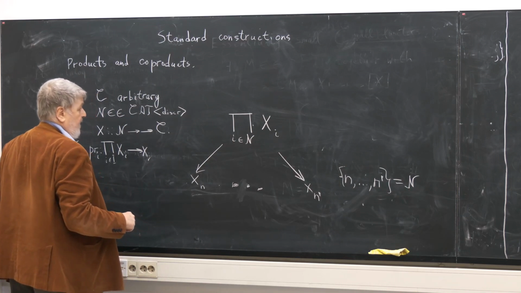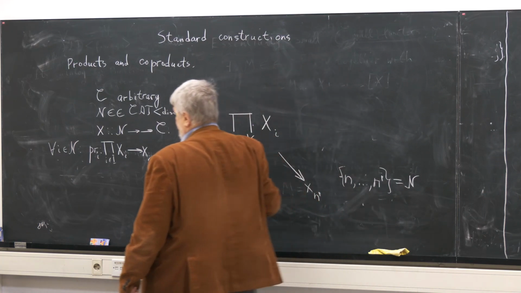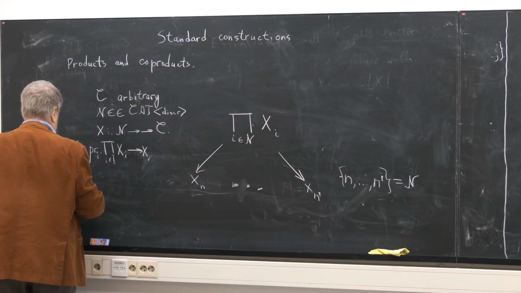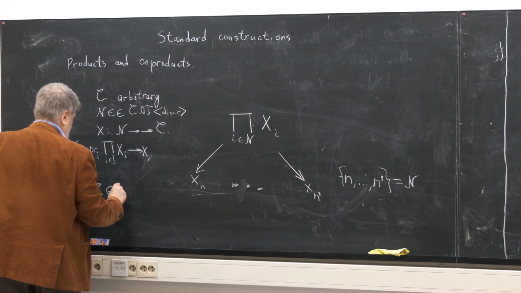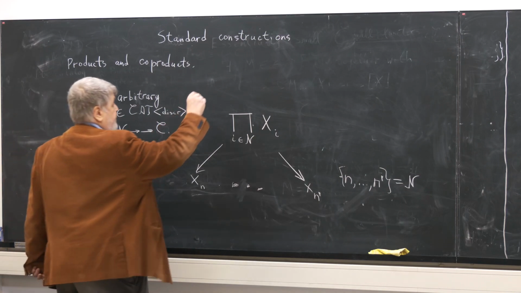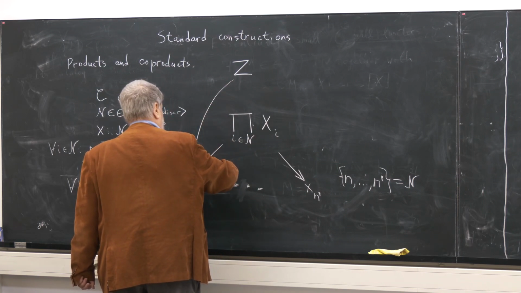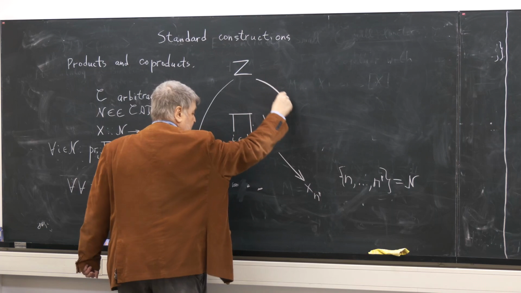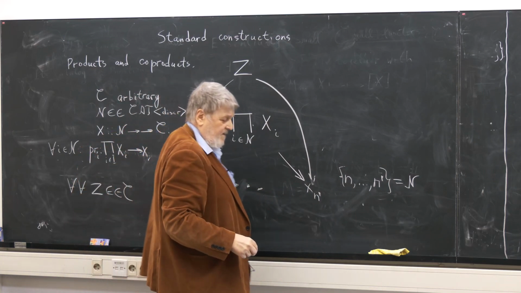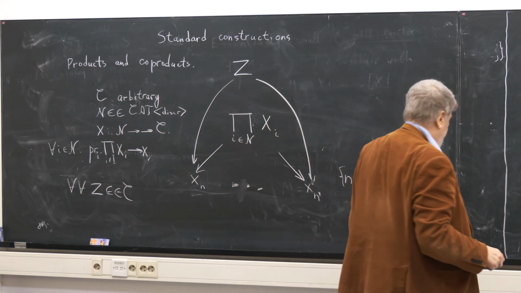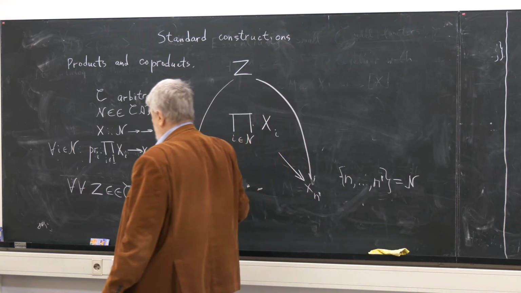And as everybody knows, what is demanded is that for any object Z, using the standard notation, here we should imagine as many arrows as the category N contains.